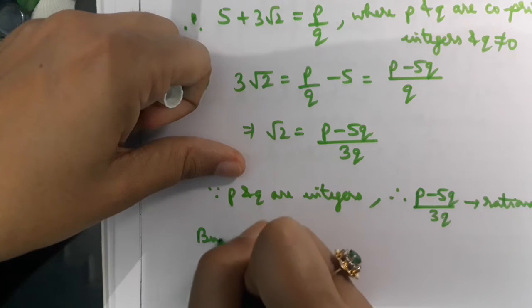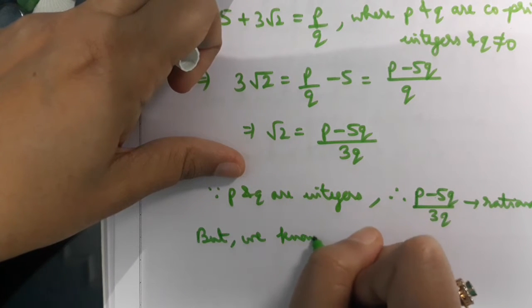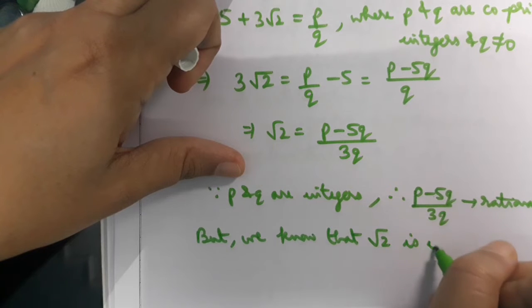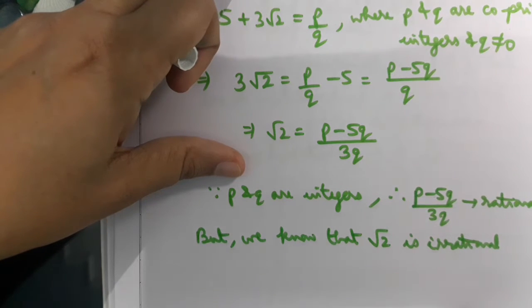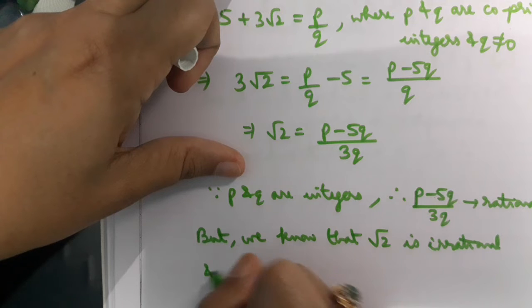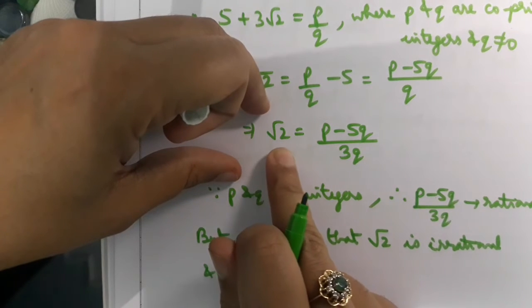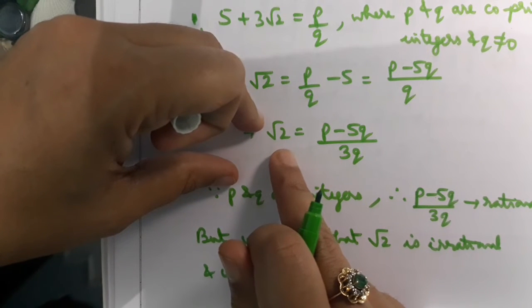But we know that root 2 is an irrational number. It is given to us in the question. And we also know that irrational number cannot be equal to rational number, because what is your left hand side now?